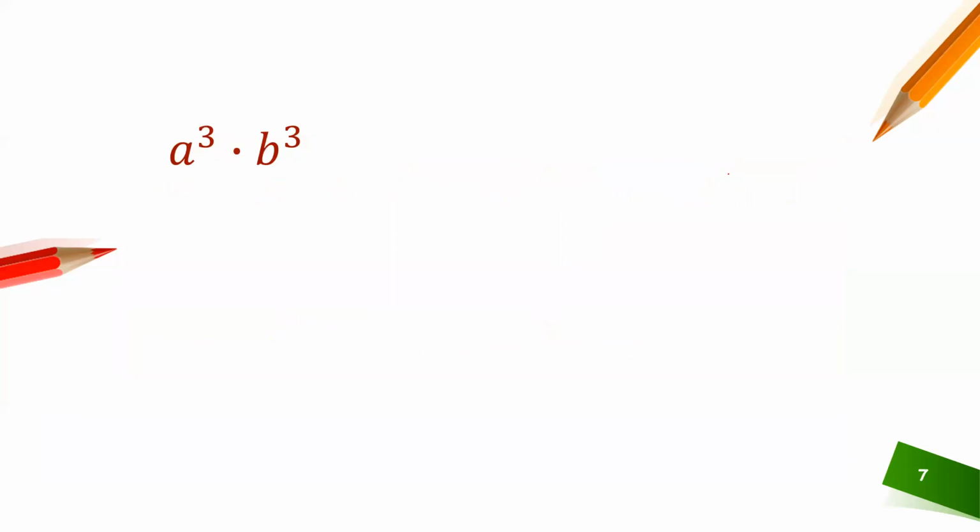Okay, now here, a to the third power times b to the third power is going to equal a times a times a, multiplied by b to the third power. By definition, b times b times b.